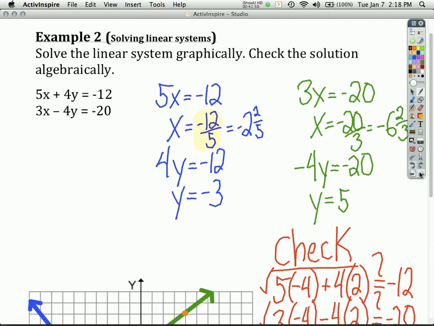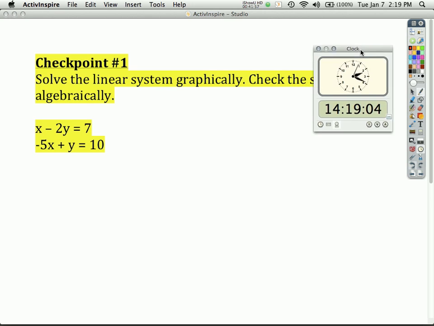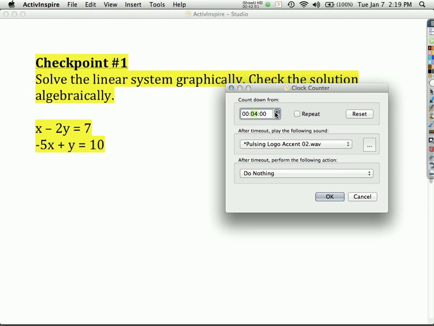Okay. Checkpoint number 1. You're on your own. This process takes quite a bit longer than other ideas that we've studied.